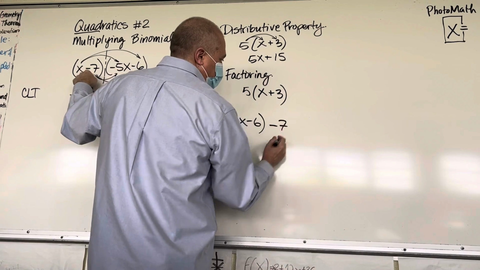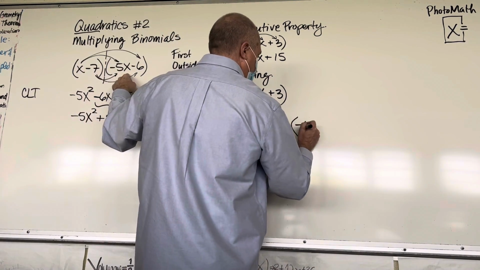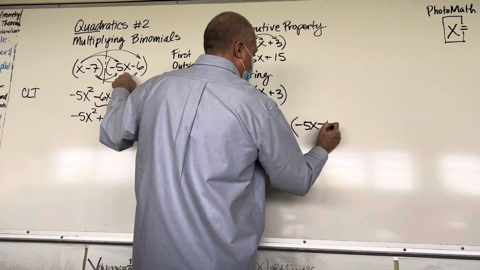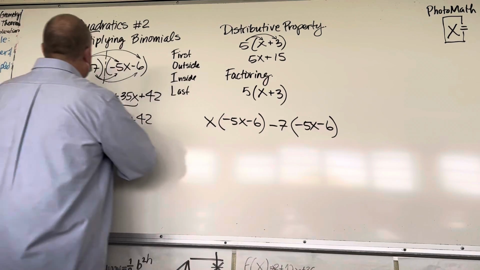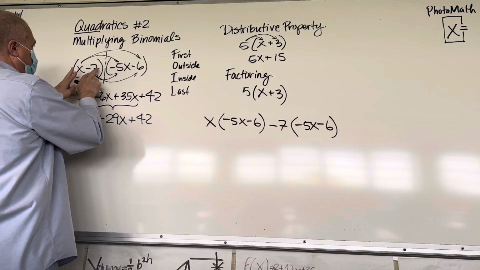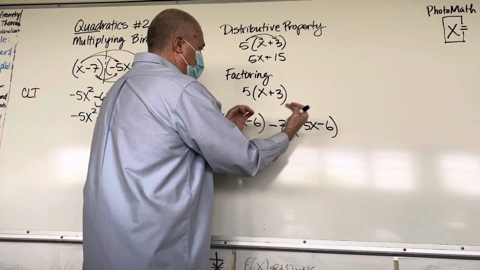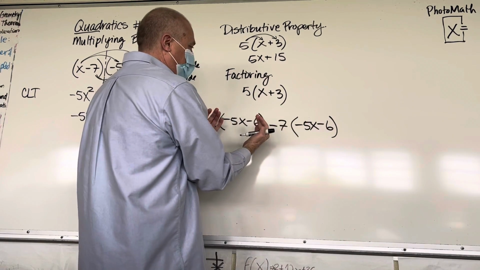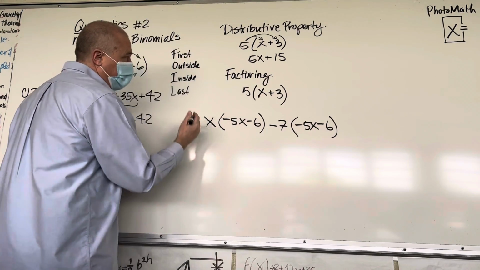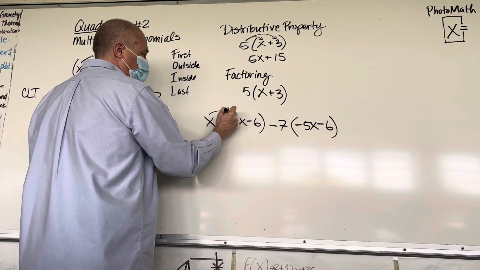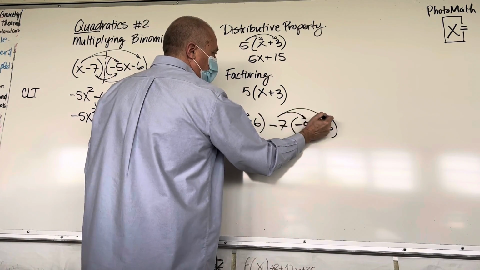Minus 7, and it's being multiplied by this, negative 5x minus 6. So notice we dismantled the first term into its 2 pieces, x and minus 7, and we multiplied them separately by the second binomial in independent steps. What happens, just like with distributive, this gets multiplied here and here. This gets multiplied here and here.